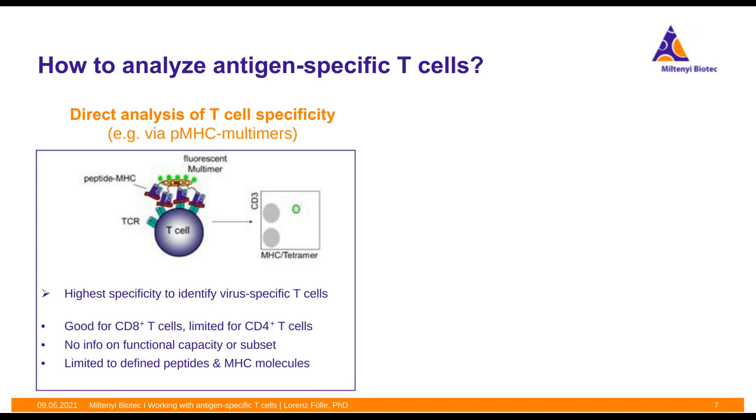And these multimers really provide the highest specificity to identify the rare virus-specific, tumor-specific, or other antigen-specific T cells. These peptide multimers are really working very well for CD8 positive T cells, but are limited for CD4 positive T cells. They also do not provide any information on the functional capacity of the subset, and they're also limited to a certain range of defined peptides and also MHC molecules.